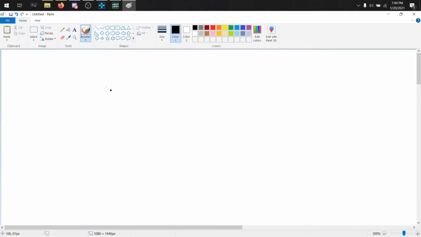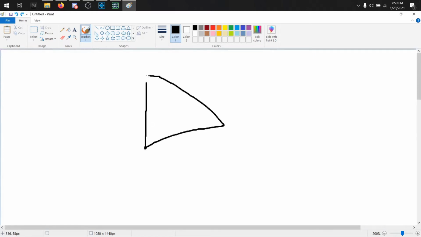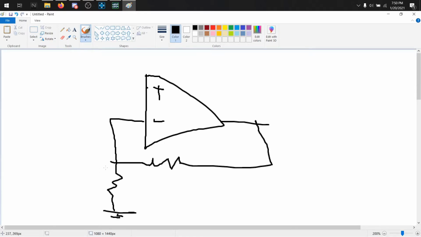Let's just zoom in. Okay, so we have the op amp, right? So let's do the inverting. It's the simplest kind of op amp to work with. And that just goes to VN.